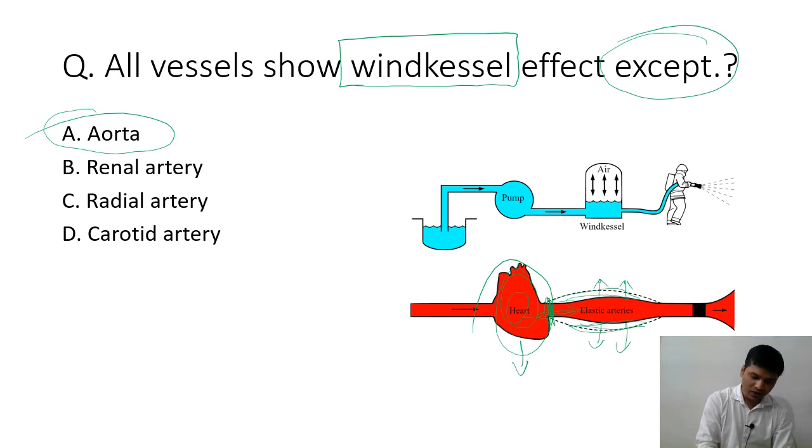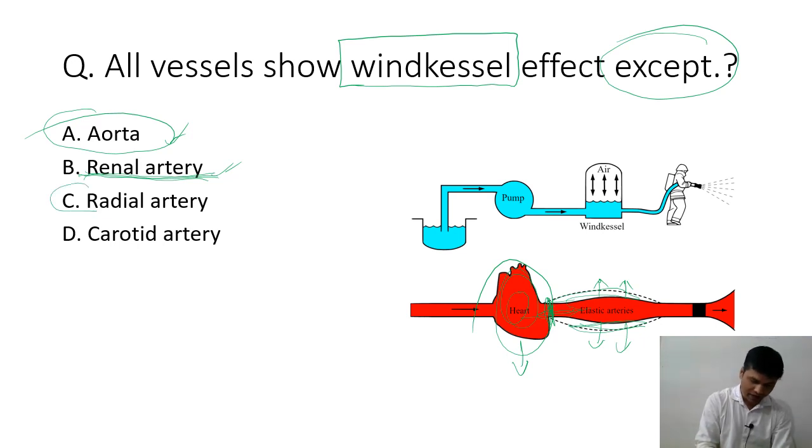The renal artery is a direct branch of the abdominal aorta, so it will also show some elastic tissue and the Wien-Kessel effect.